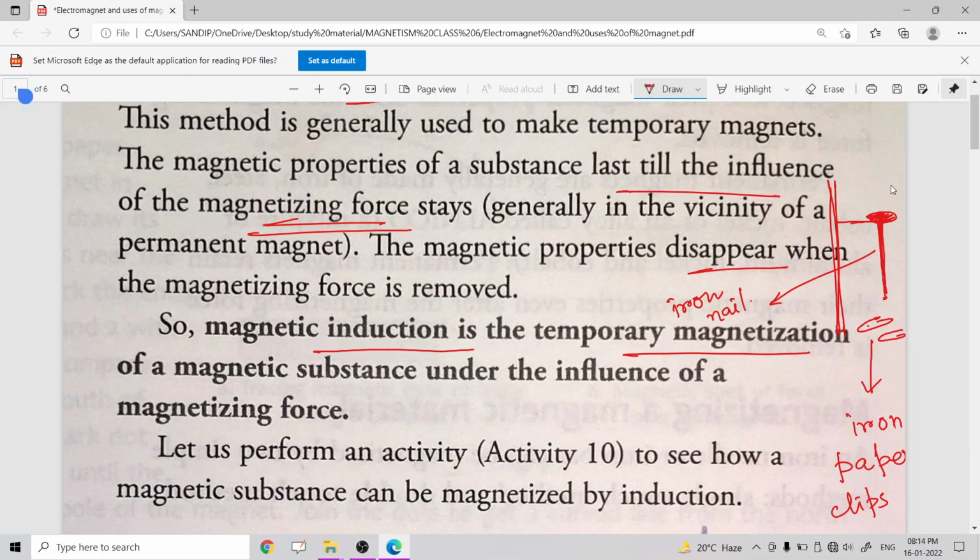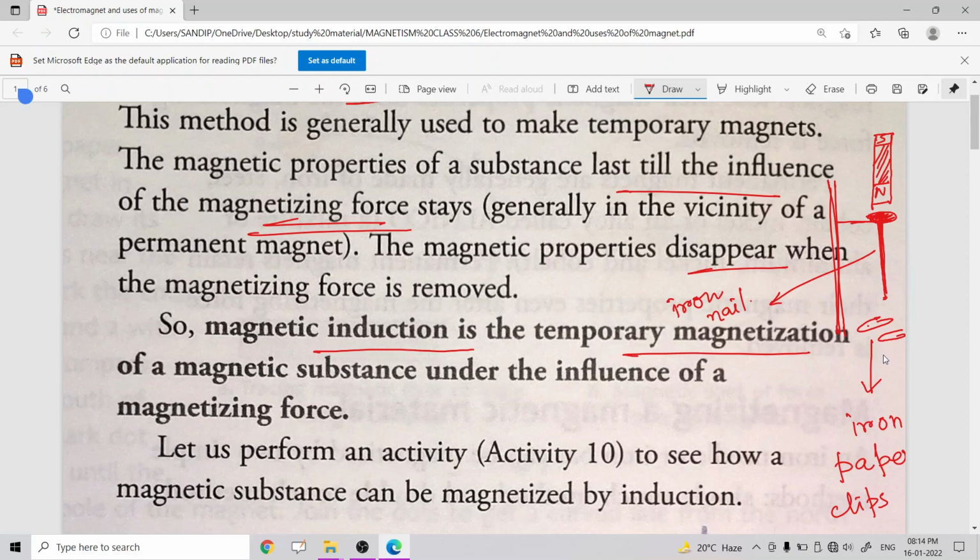But if we take a strong bar magnet very close to the iron nail, suppose this is the north pole and this is the south pole, the north pole of the bar magnet is brought very near to the iron nail, not touching it.